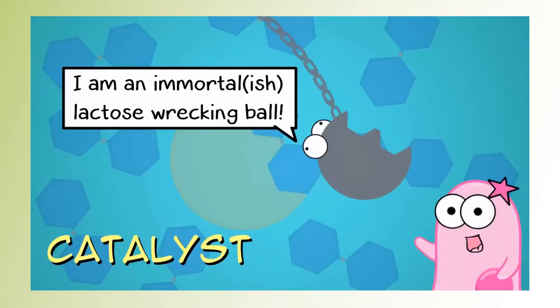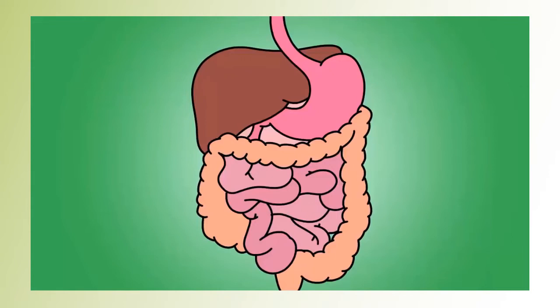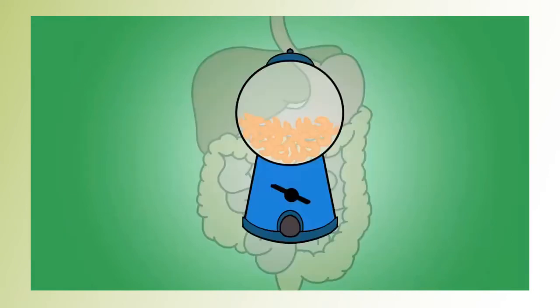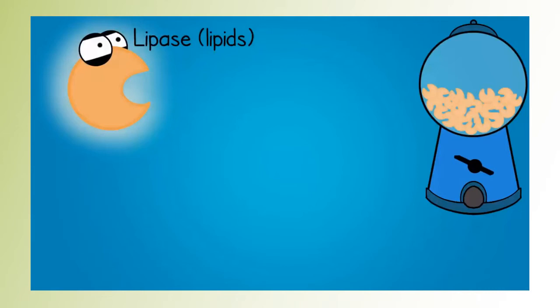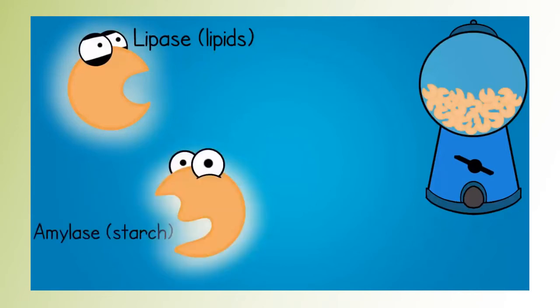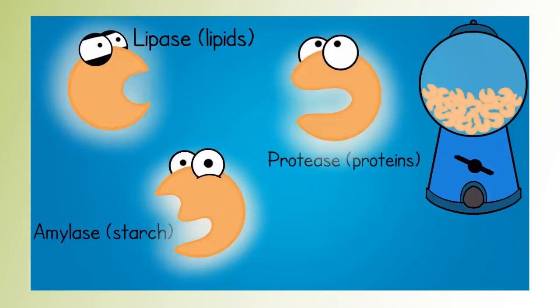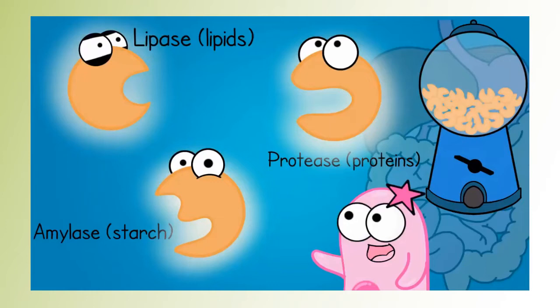in the reaction. By the way, your digestive system uses all kinds of enzymes. You have lipase, and that breaks down lipids, which are fats. You have amylase, which breaks down starch. You have protease, which breaks down proteins. So, as you can see, the digestive system is very involved with enzymes.